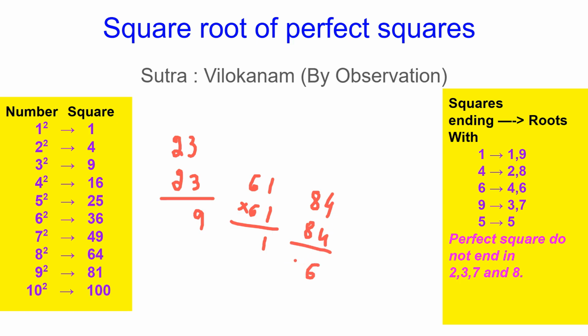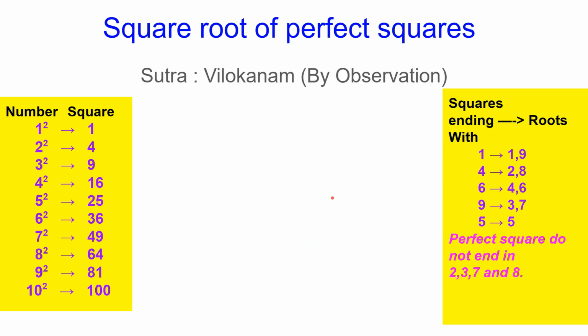That means if you take the square of any number, the square will end with 1, 4, 6, 9 and 5, right? So if you have any number which ends with 2, 3, 7 and 8, that means that number is not a perfect square. Okay. So using this observation, how can we find out the square root?